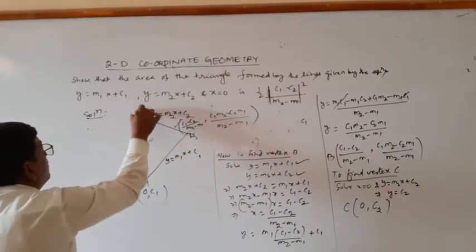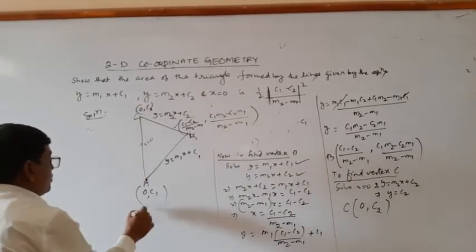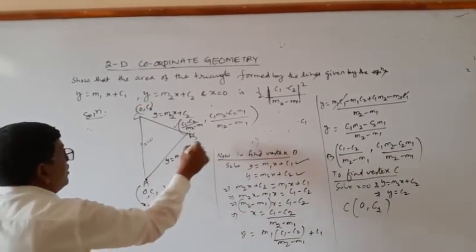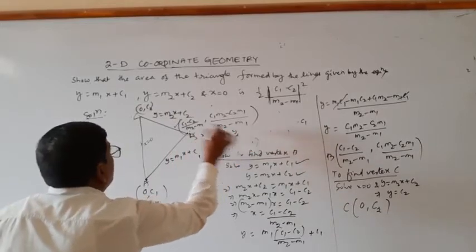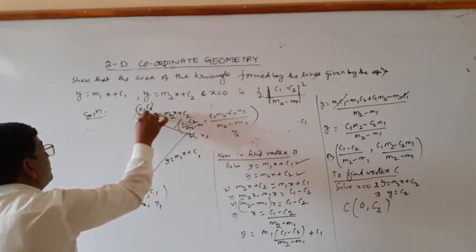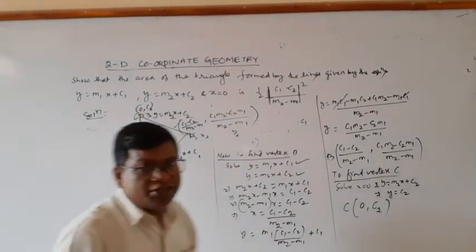0 comma c2. Suppose this is x1 y1, this is x2 y2 and this is x3 y3, then the area of the triangle is what?